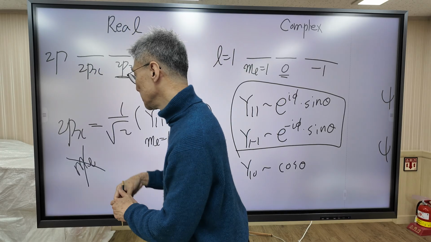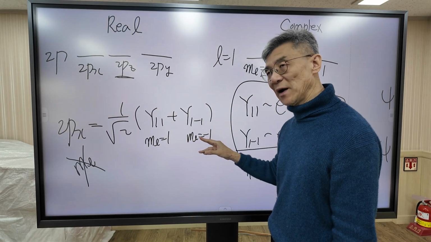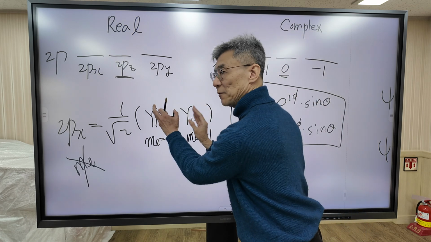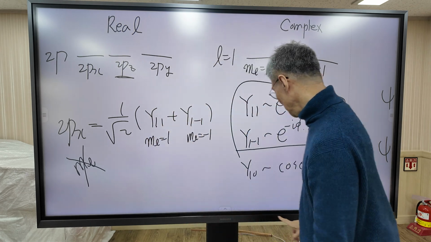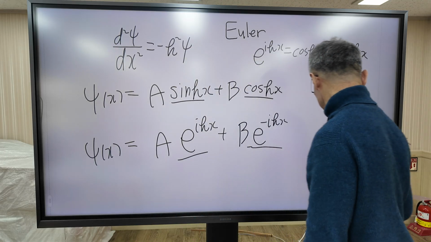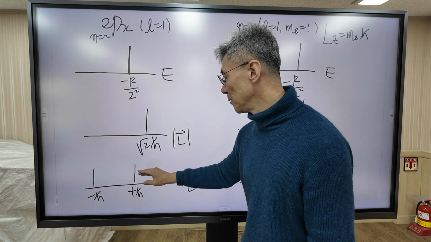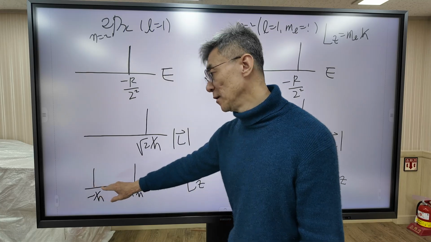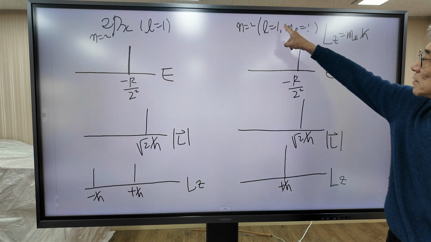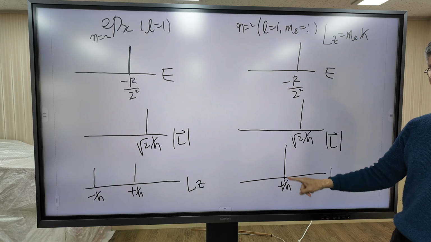It is a mixture, or superposition, of the ml equal 1 and minus 1 orbitals. 50-50%. So the experimental result gives this graph. 50%, 50%. But when the electron is in this orbital, you always obtain a consistent value, plus h bar.